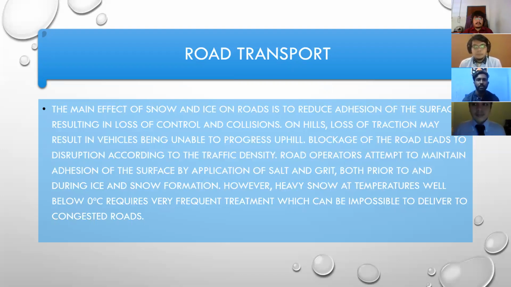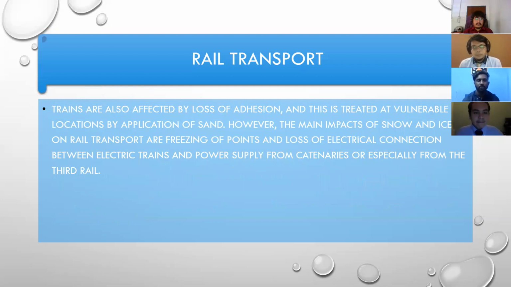Road operators attempt to maintain adhesion of the surface by application of salt and grit, both prior to and during ice and snow formation. However, heavy snow at temperatures well below 0 degrees Celsius requires very frequent treatment, which can be impossible to deliver to congested roads.